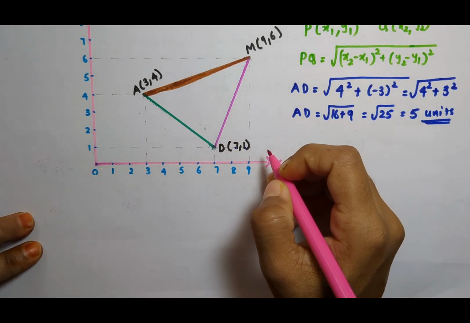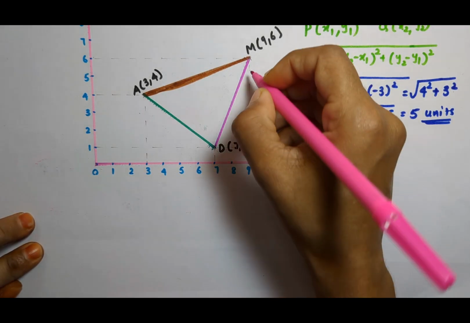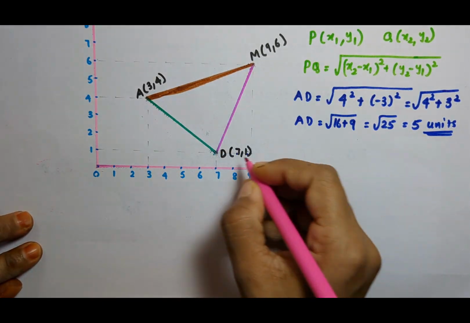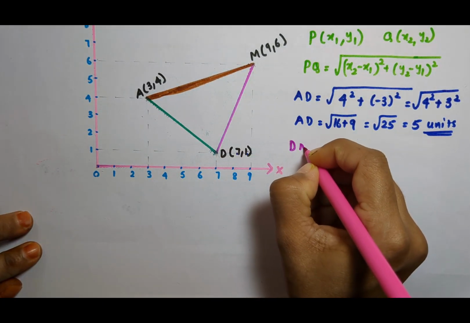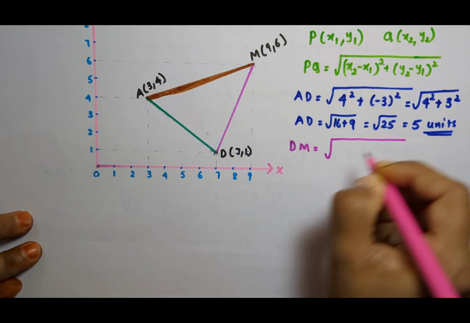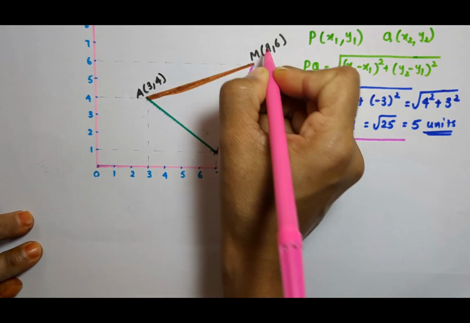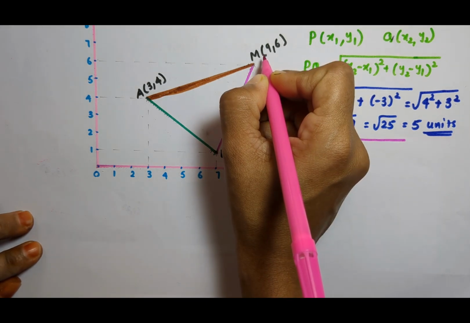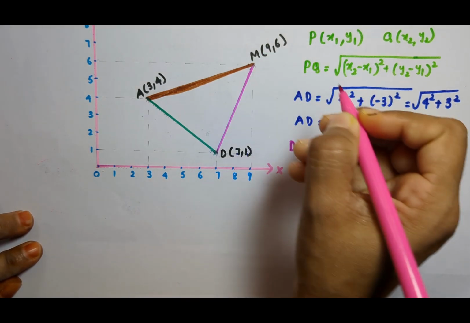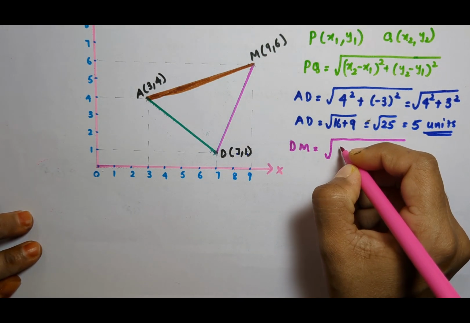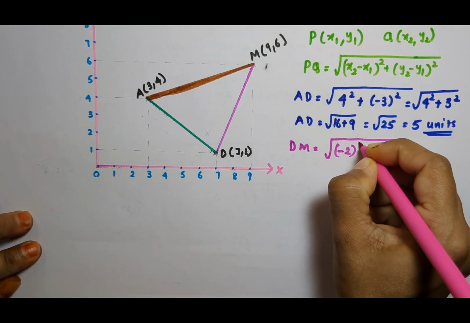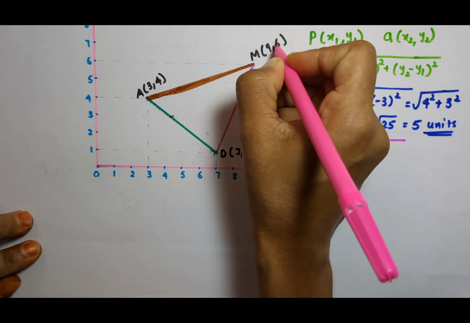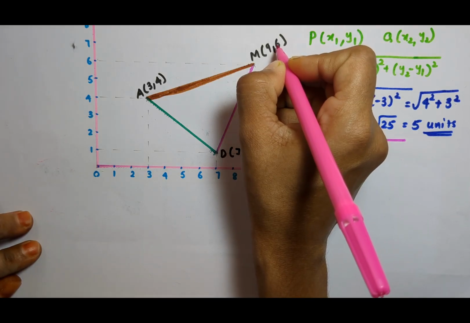Similarly, next let us find out the length of this side of the triangle, that is DM. To find this DM, we can write DM is equal to square root of x2 minus x1, so 7 minus 9. 7 minus 9 is minus 2. So minus 2 all square plus y2 minus y1, so 1 minus 6, which is minus 5.